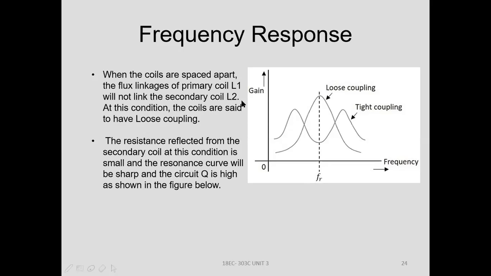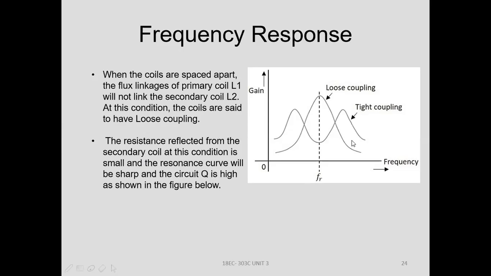If the distance between the two tank circuits is more, that coupling is called loose coupling. That means the coupling is not strong. With loose coupling, the resistance reflected from the secondary coil is small. So the resistance of the secondary circuit is small, the resonance curve will be sharp and the circuit Q is high.